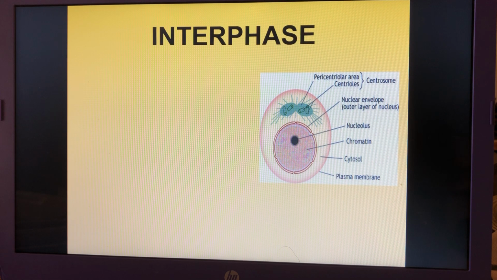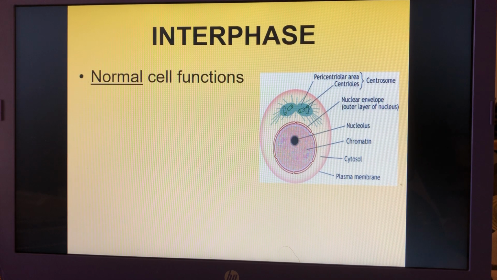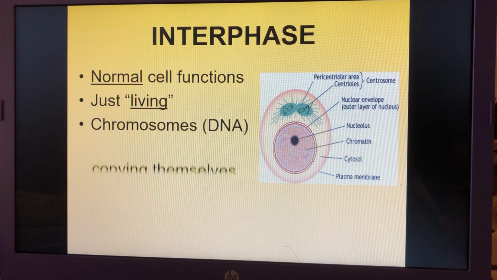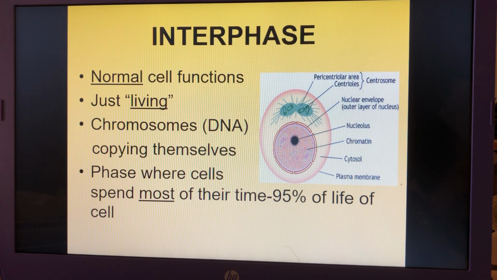Interphase is the first stage of the cell cycle, and this is very important because most of the life of the cell is spent in interphase. And there's a lot that needs to happen before the division, which happens in the second stage, mitosis. All of these things have to happen.